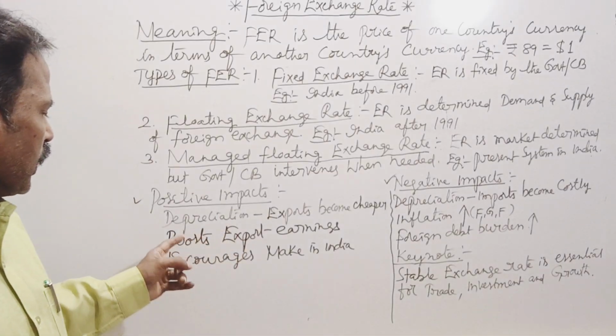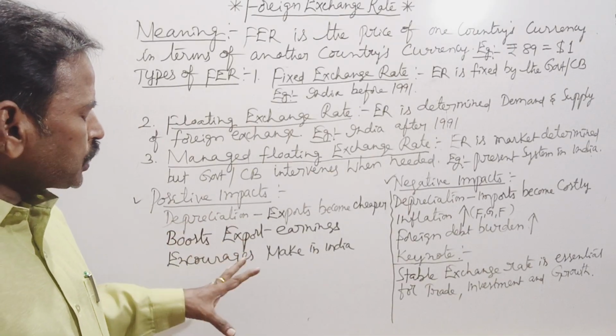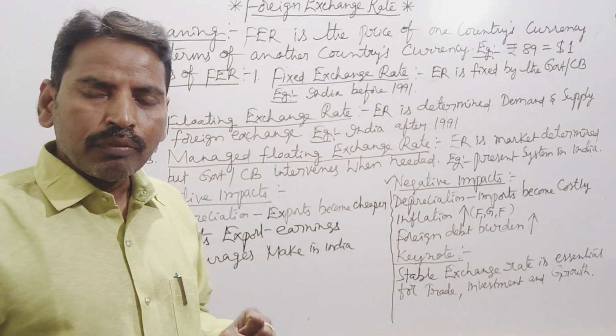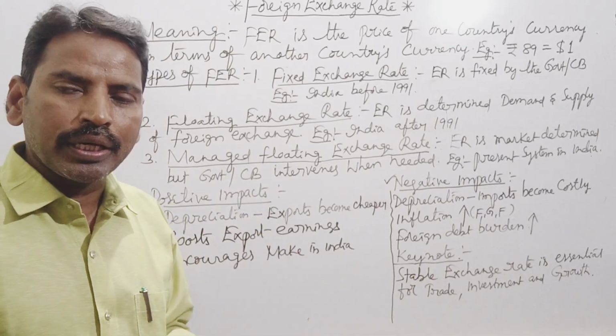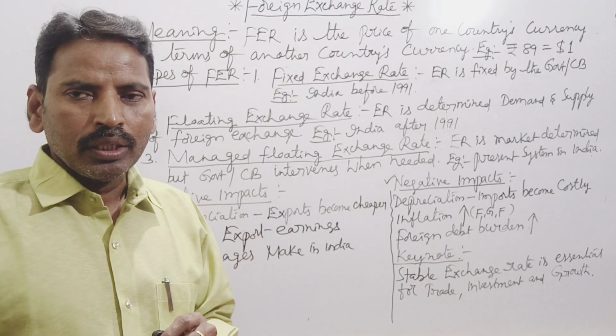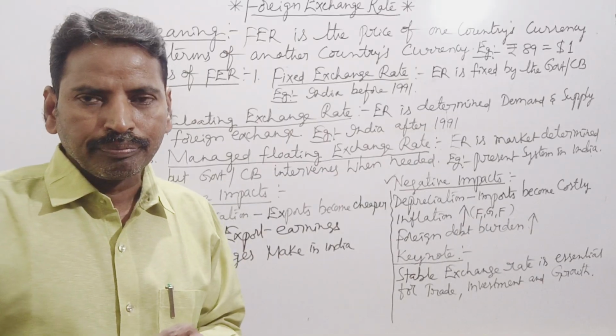So here, depreciation of rupee makes imports costlier. When imports become costlier, firms prefer domestic production. So Indian goods are cheaper than foreign goods.